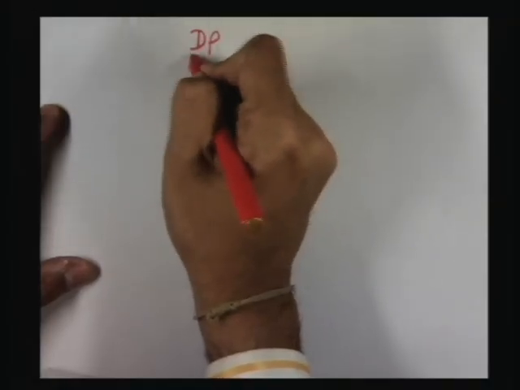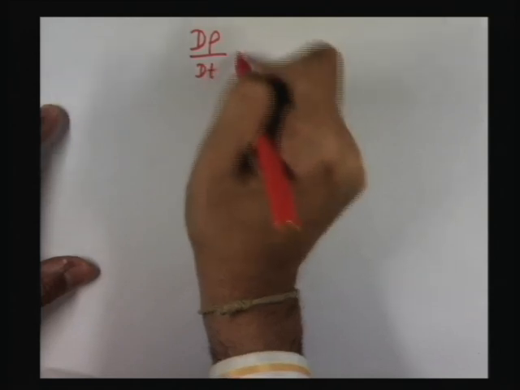So what is our condition for incompressibility? Condition for incompressibility is d rho/dt equal to 0.